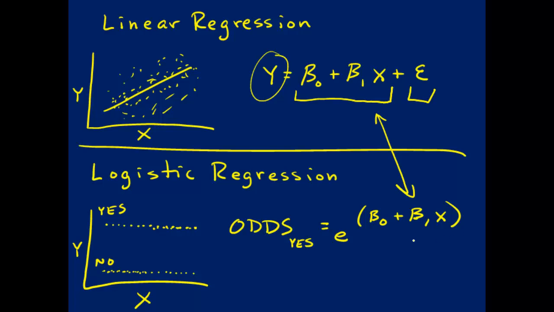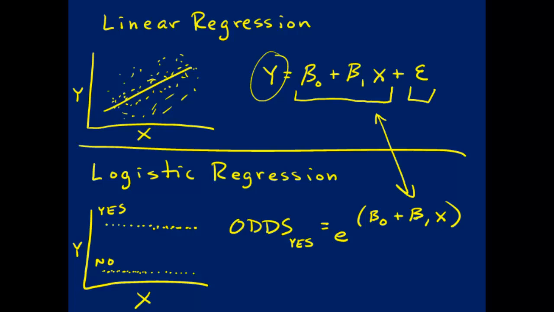And you can think that each individual in our data set is going to have a different number here because they're going to have different values for all of the variables in our model. So they might have a different value for this x, for example. And so this number will come out to be something different for each individual in our data set. And so each individual's outcome, either yes or no, is being determined by a different random category generator.